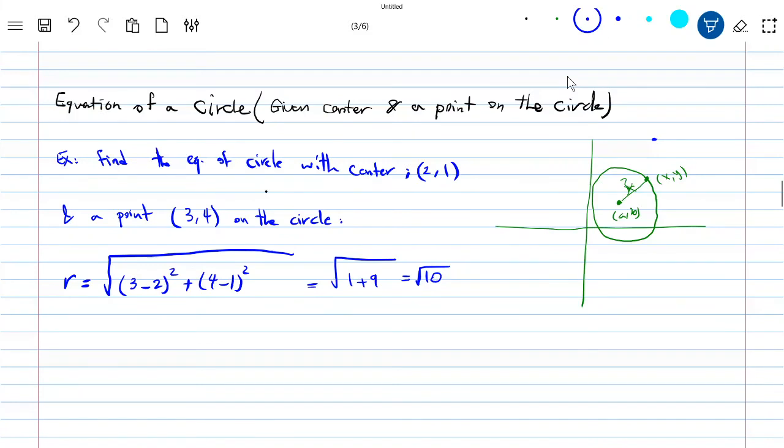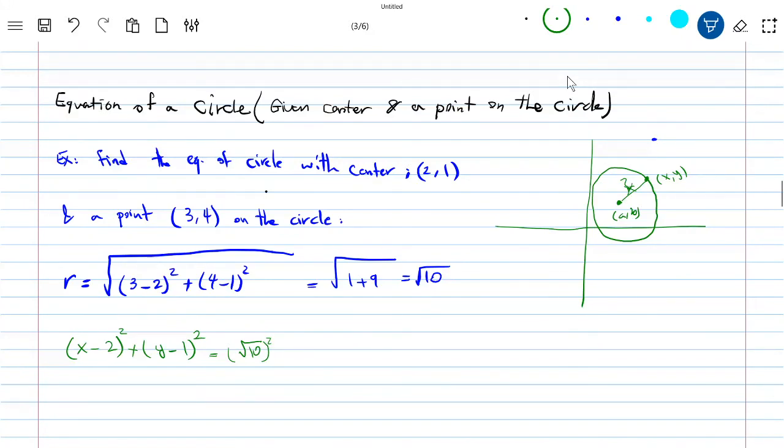So what is the equation of the circle? Here the equation of the circle is x minus the center, which is 2, squared, plus y minus b squared, which is 1 squared, equals radius squared. Radius is square root of 10, the whole thing squared. So you can simplify it.